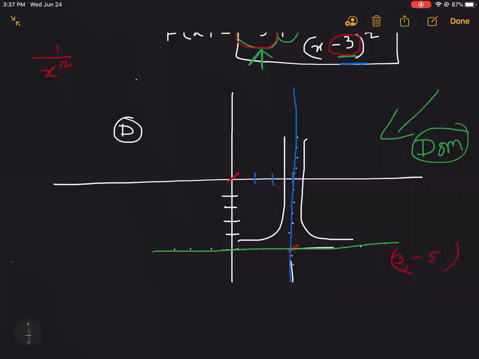Just eyeball it. The values of x I'm talking about, because domain is nothing but the values of x on the real number line. In other words, you might try to look for values of x where the function is not defined, and you can exclude those and say the rest is our domain.